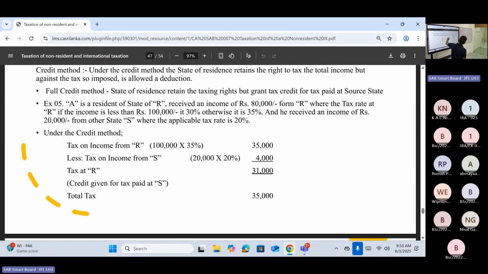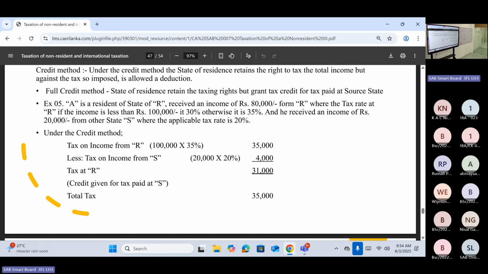Another credit method, we'll see. Tax paid in the source country, for the resident of that country, we are giving tax credit in the resident country. But in the resident country, the source country income is reported. We are taxing total income.